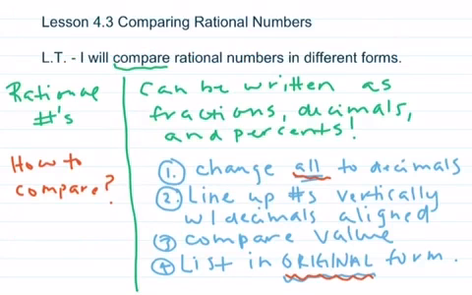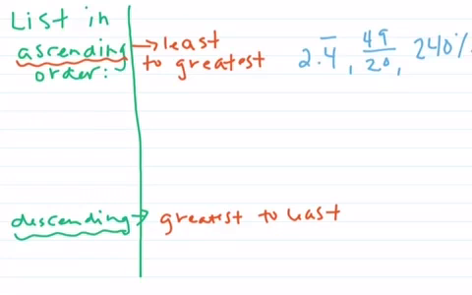So we go back to step 1. We're going to change all of our rationals to decimals. So to start with, we have 2.4 repeating. So what I'm going to do, I'm just going to list out some decimals and then I'll leave my bar notation because we know that that 4 goes on and on forever.